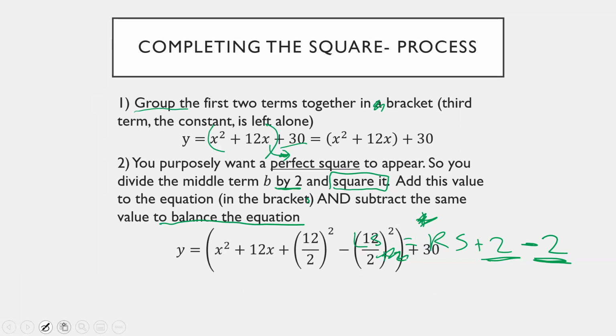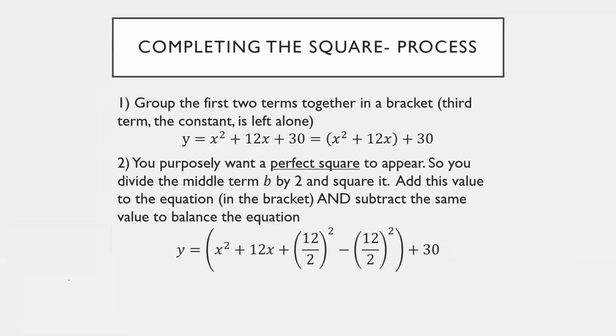So here's the example so you can see it clearly. I take my middle term, the coefficient, which is 12. I divide by 2, which gives me 6. So doing the math here, I have 6 squared, which is 36. Of course, I can't just magically add a 36. I have to also subtract the 36 to balance it out.